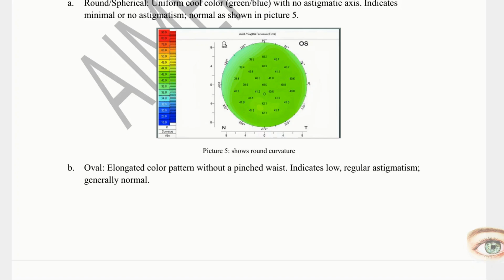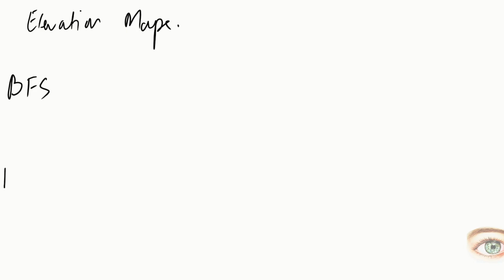Now, the third map was the elevation map. Now we have two different types of maps. One is BFS and the other one is BFTE.